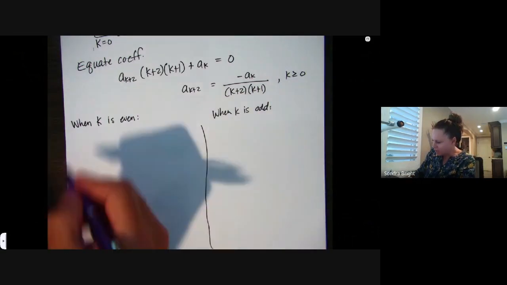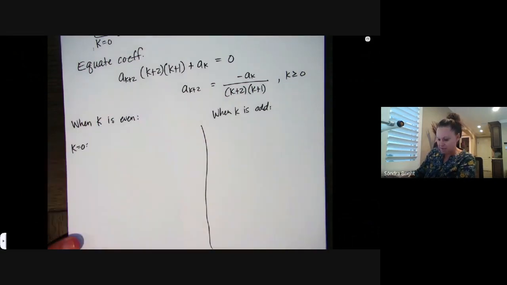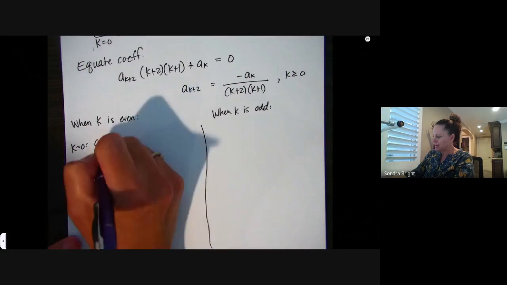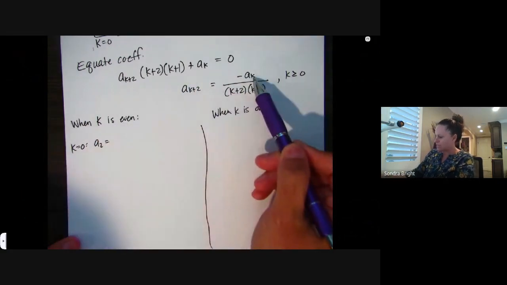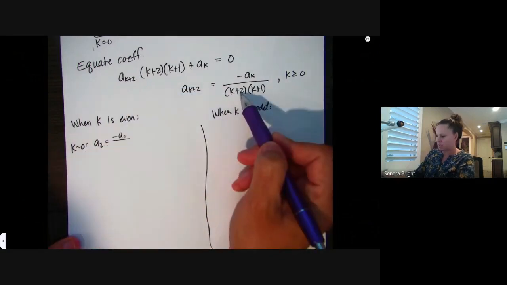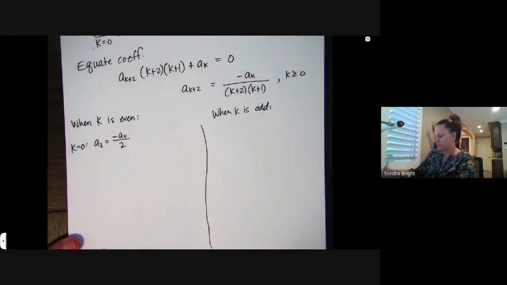So when k equals 0, when you plug a 0 into k, you would have a2 is equal to negative a0 over 0 plus 2 times 0 plus 1. So it's over 2. Okay.